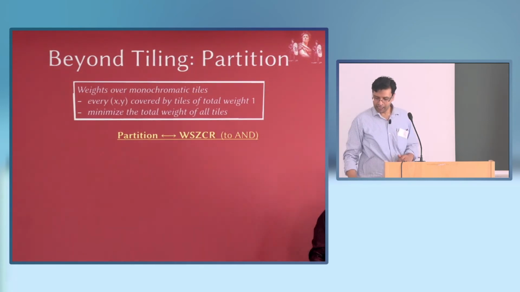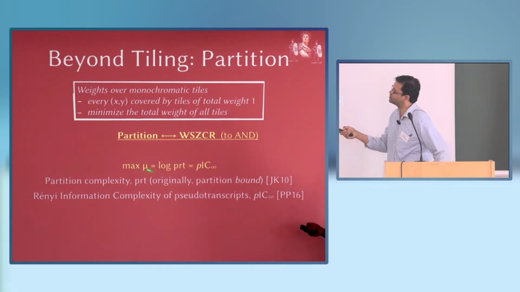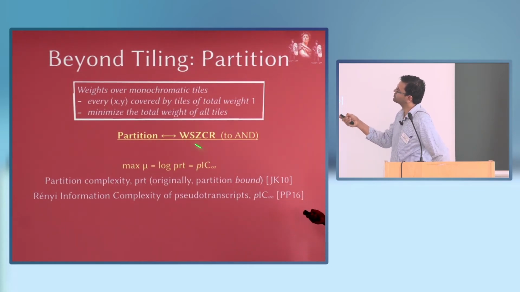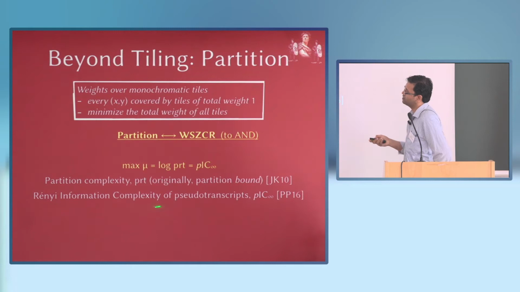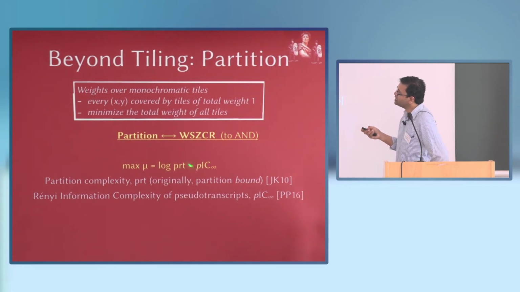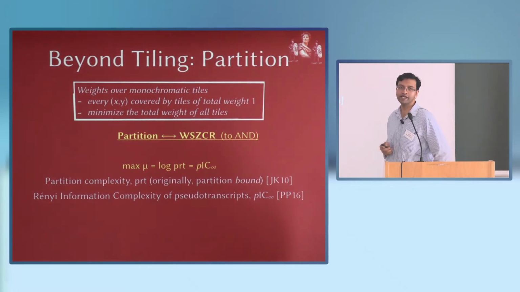And by exactly, I mean it's a two-way connection. The best abort probability you can get, which is the maximum of 2 to the minus log abort probability, is the same as this partition number.